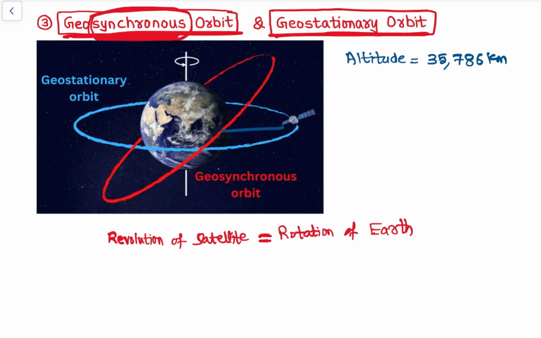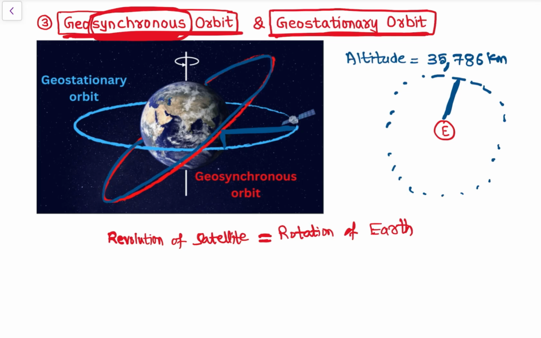The earth is like this, and at 35,786 kilometers away from earth, the orbit is called geosynchronous orbit. Similarly to geosynchronous, there is also geostationary, which we will study as well. At an altitude of 35,786 kilometers is geostationary orbit.